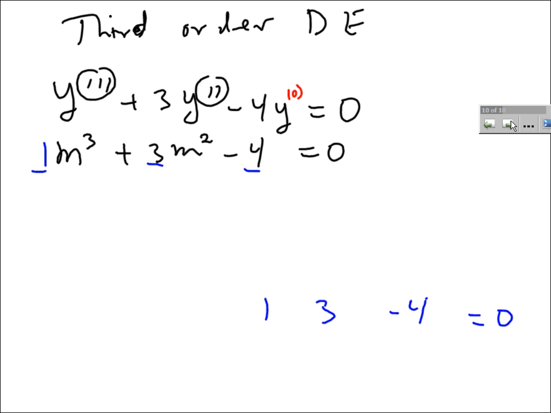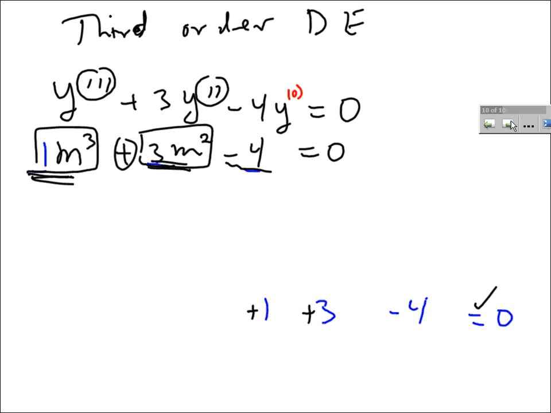How do you get 0? Well, you want to have plus 1 plus 3, that's 4, take away 4 is 0. So if I let m be 1, this will be 1, this will be 3, 1 plus 3 is 4, take away 4 is 0.